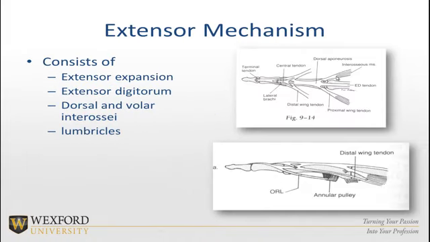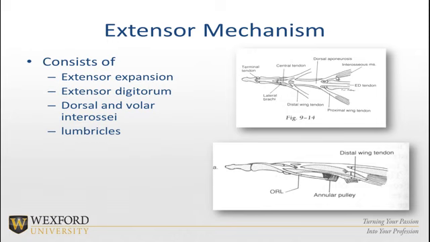So the extensor mechanism really consists of the extensor expansion, the extensor digitorum, the dorsal and the volar interossei, and lumbrical muscles. So this is a fairly complex extensor mechanism that allows us to extend our individual finger joints.